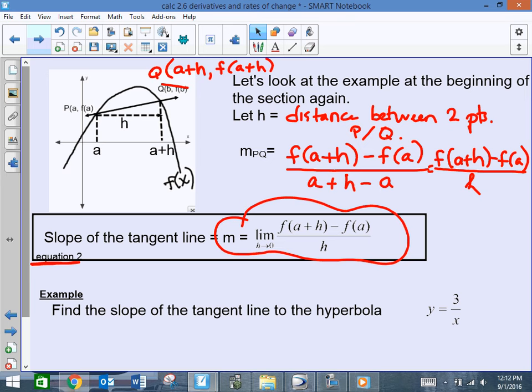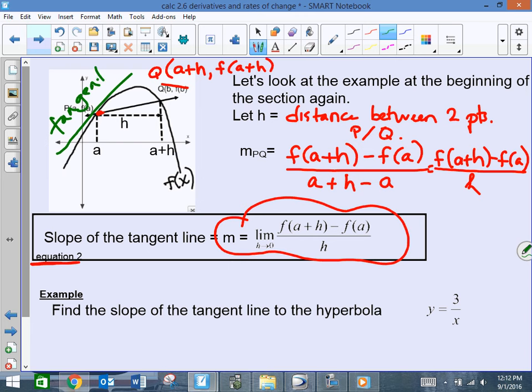As we made this H, remember what we did? We moved this guy over so that H was close to nothing. That's what that means. A distance was close to nothing, and we created a tangent line. Okay? So we did the same thing we did on the last slide, except we are changing our language.